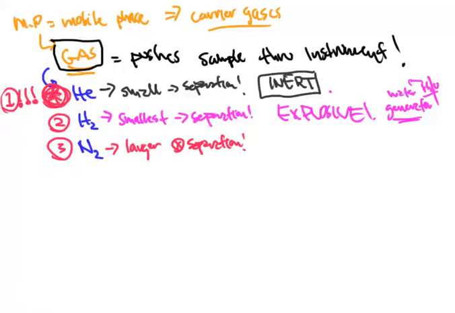Almost every GC has a helium tank installed on it because helium is the select gas of choice when you run a GC unit. Our GCs run off of helium. Many of the laboratories that are local, the majority of them run off of helium.